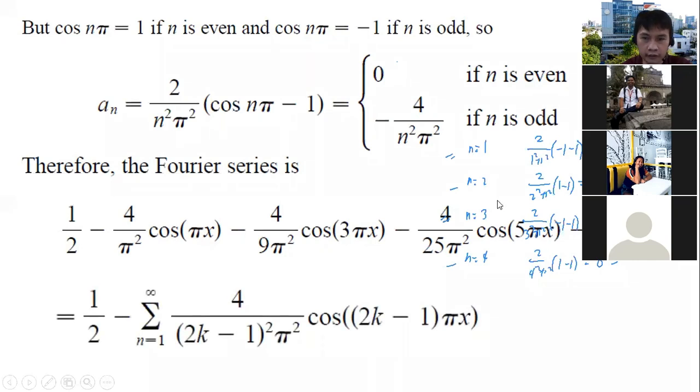As you can see, we can further simplify this into this form, where 2k minus 1 represents the odd numbers, where k here will run from 1 to infinity, just like the n value. Kasi we have here the pattern after the 1 half coefficient: 4 over odd number squared times pi squared, times cosine of odd number times pi x.